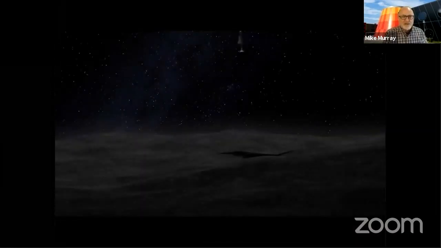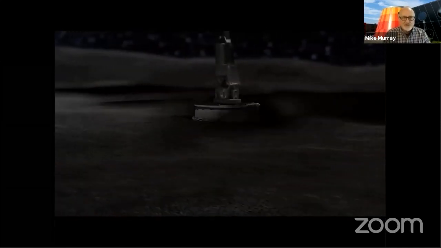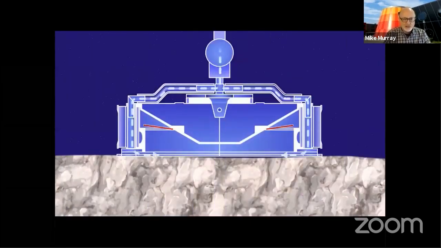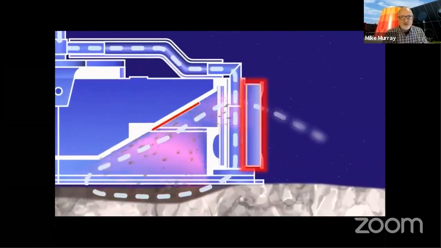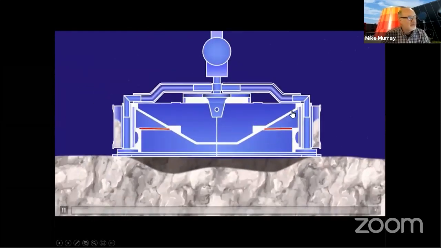To give you a little better idea, let's look at this animation of what is supposed to happen. The spacecraft will come down at a very, very slow rate. That will allow the disk to touch the surface. Nitrogen gas forces down into the soil, loosens it up, and pushes some of it through a flap that will end up all around the edges of the chamber.